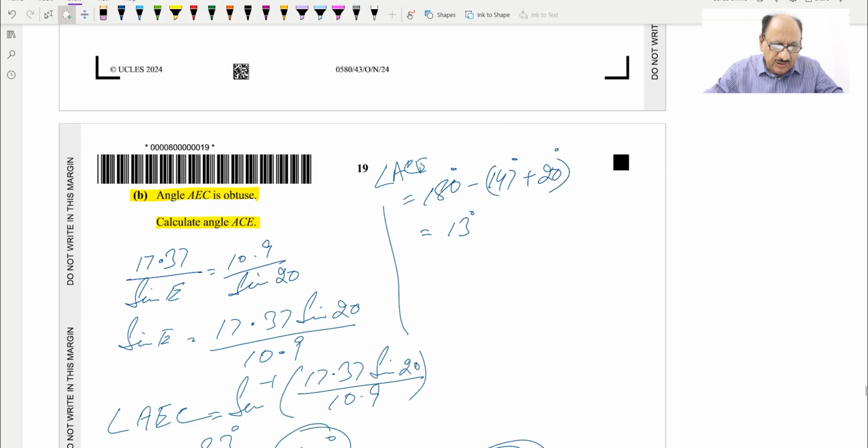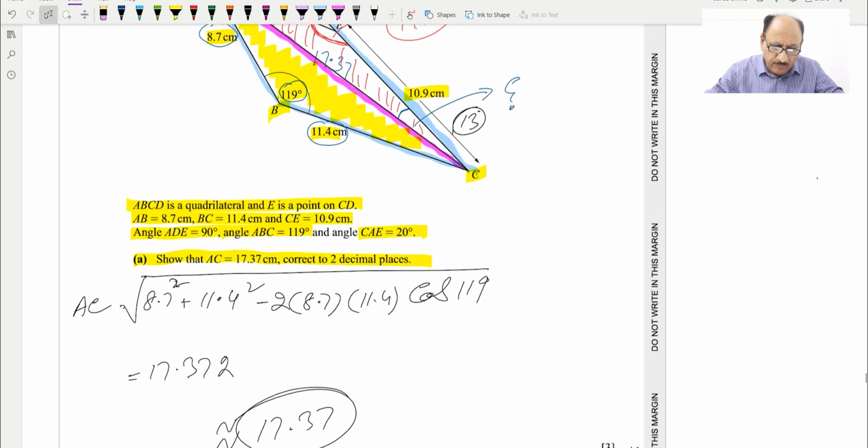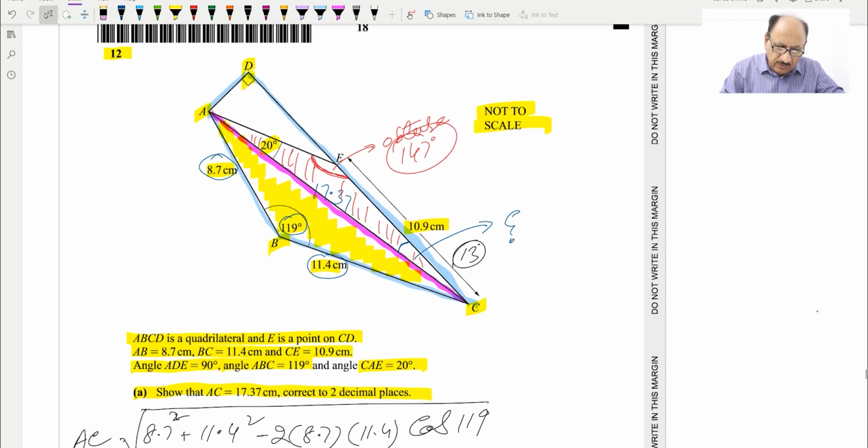Now we have CD and AD, so we will write perimeter will be what? Perimeter will be equal to AB plus BC, these already we have, plus CD plus DA.